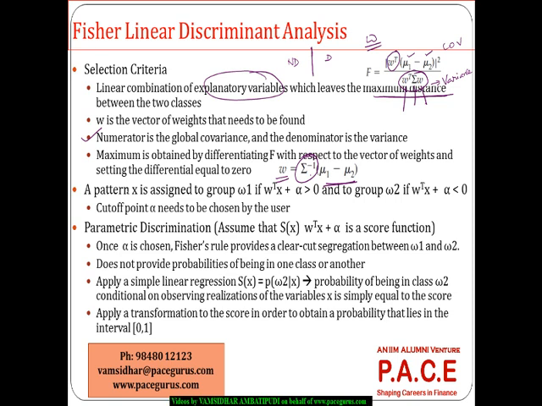Any new record or new customer X that comes up, I'll assign to omega 1 or omega 2, depending on a cutoff point alpha. Depending on whether W transpose times X plus alpha is greater than 0 or less than 0, I'll push that particular risk into a good borrower or a bad borrower scenario.